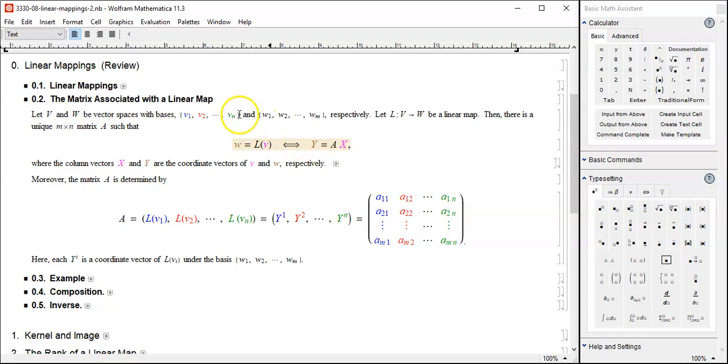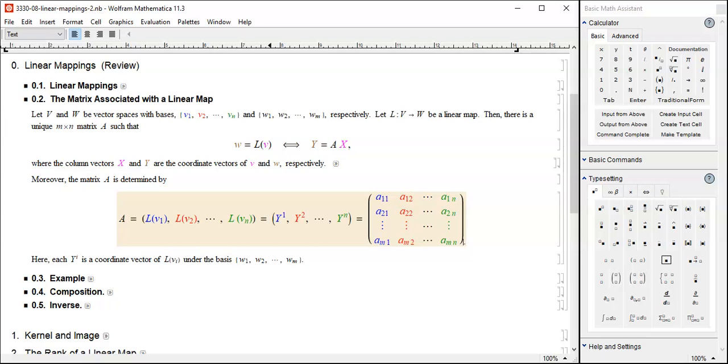All you have to do is to go back to the basis vectors, v1, v2, v3, v4, all the way up to vn, and then find the image vectors, L of v1, L of v2, L of v3, and so on, and then arrange those coordinates as a column, and then the second image vector as a column, and so on and so forth. The last image vector as a column. Then what do you get? You get an m by n matrix.